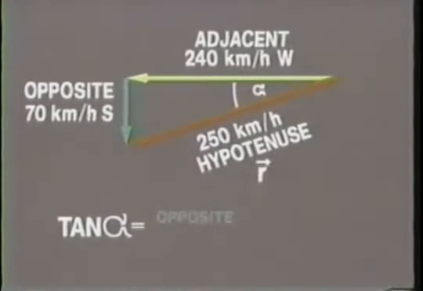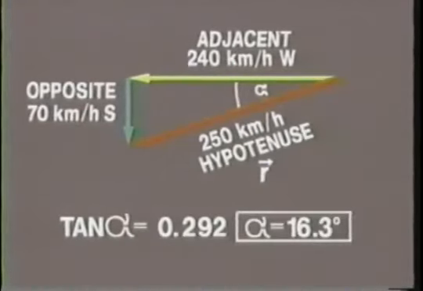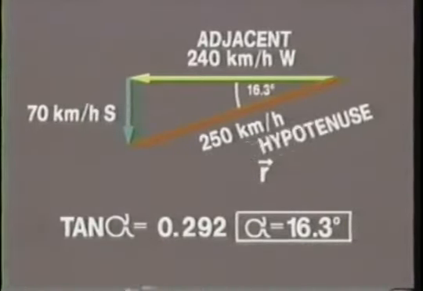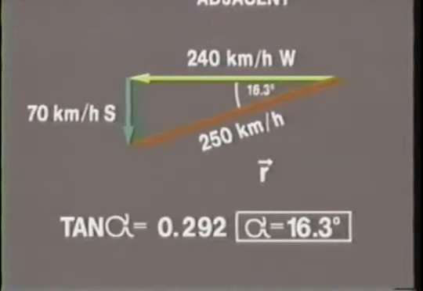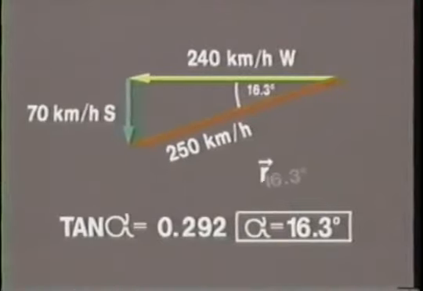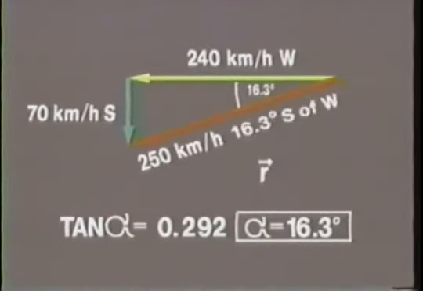Tan alpha equals the ratio of the length of the opposite side to the length of the adjacent side, or 70 over 240. With a calculator, angle alpha is found to be 16.3 degrees. So, the true ground speed of the airplane is 250 kilometers per hour, and its course is 16.3 degrees south of west.